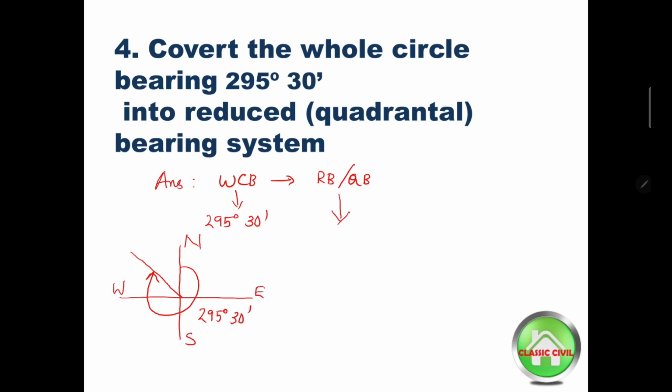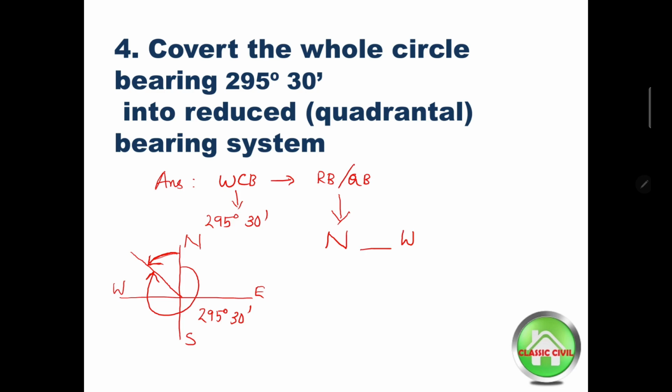RB is measured from the nearest north or south. Here the reduced bearing is this much angle, that is north to west, some angle.